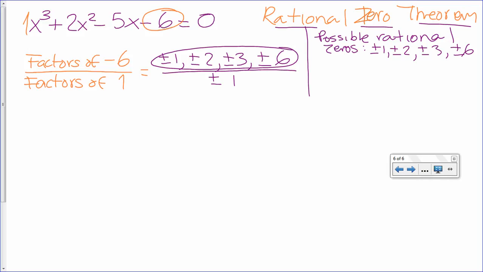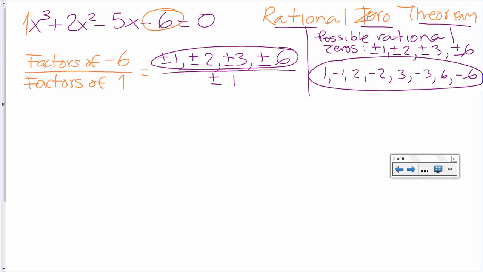So just pick one of these numbers, either 1 or negative 1, 2 or negative 2, 3 or negative 3, 6 and negative 6. Sometimes books will list them this way, okay, without the plus minus. Negative 3. Negative 3, all right, good choice.